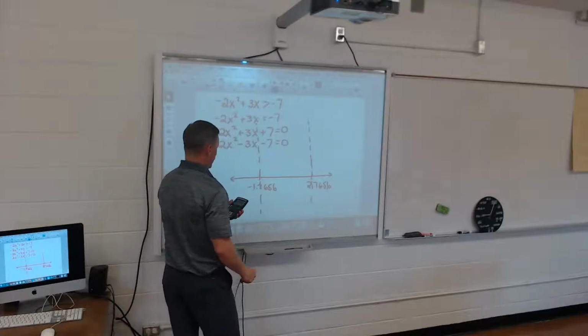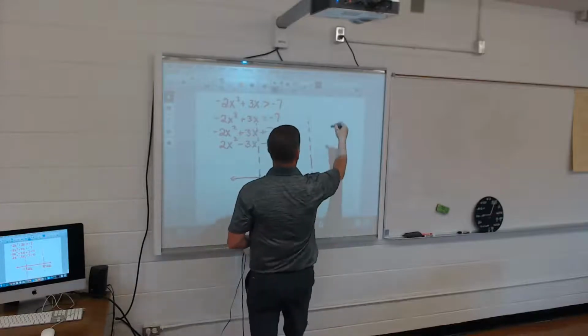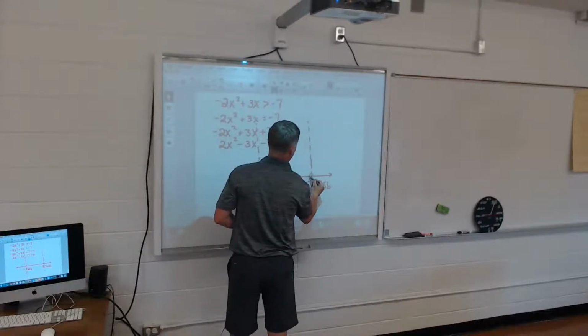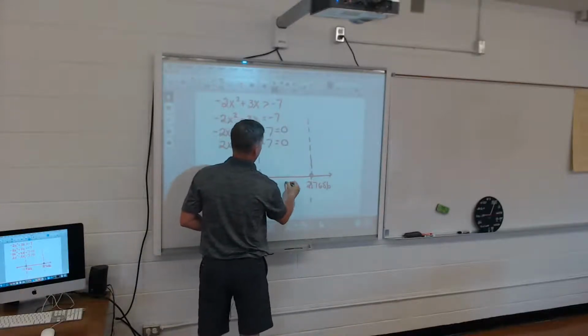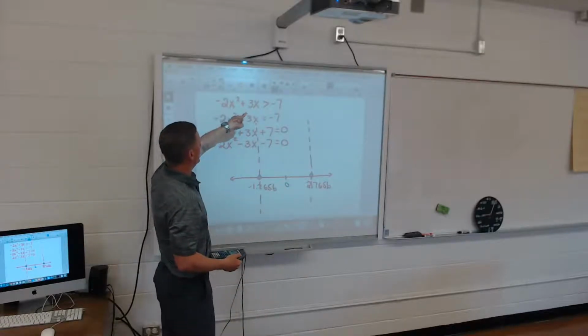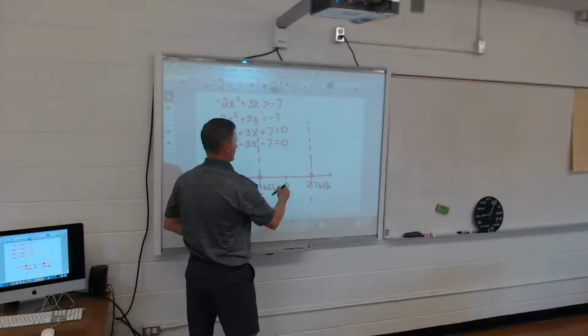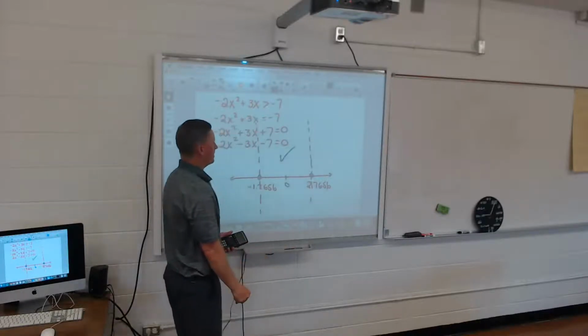Because it's not equal to, those are open dots. So I maybe want to put those in here. Open dot here and here. I'm going to put 0 in here. The first thing I'm going to do is check 0 up here. 0, 0, 0 greater than -7. Yeah, it is. So I'm shading in here.